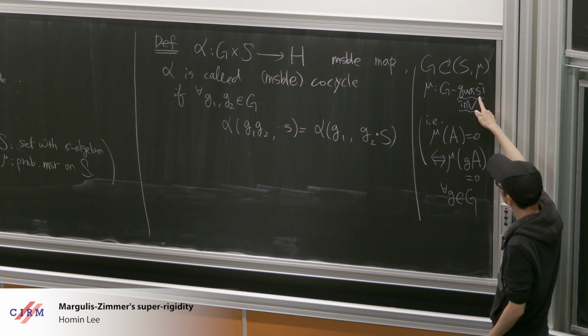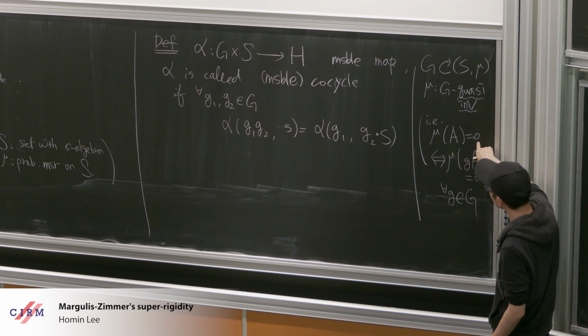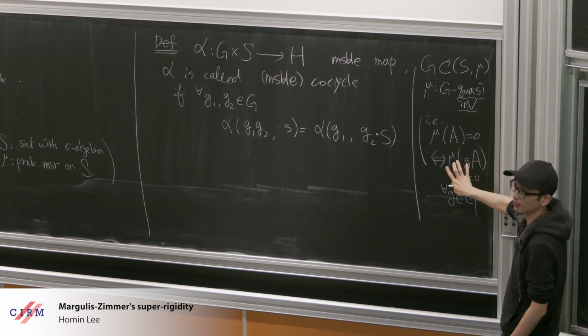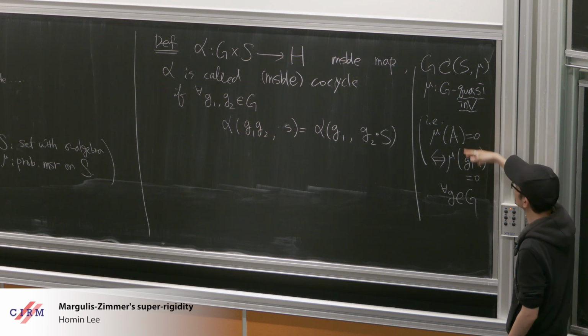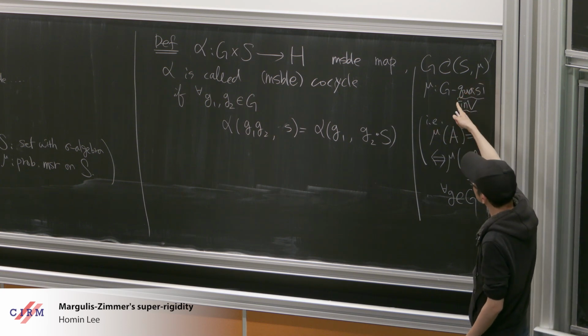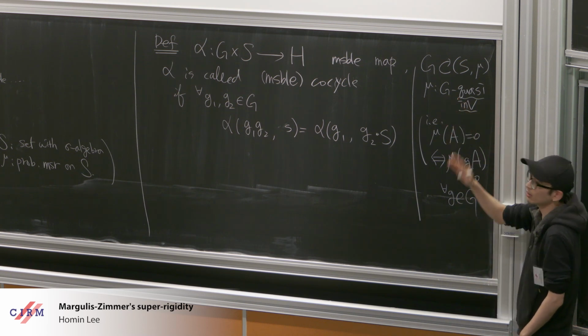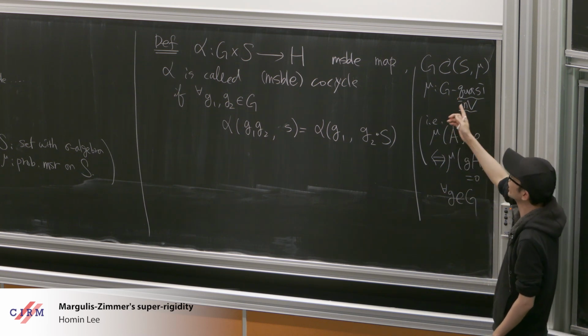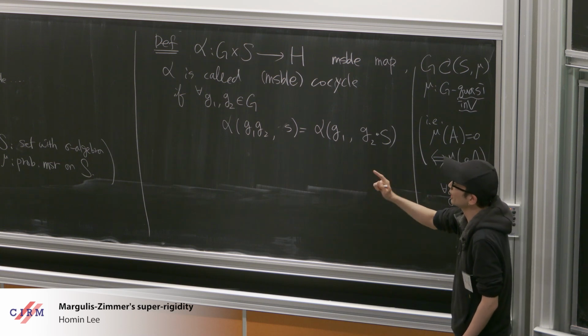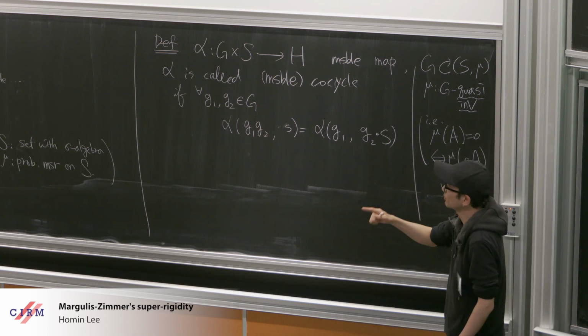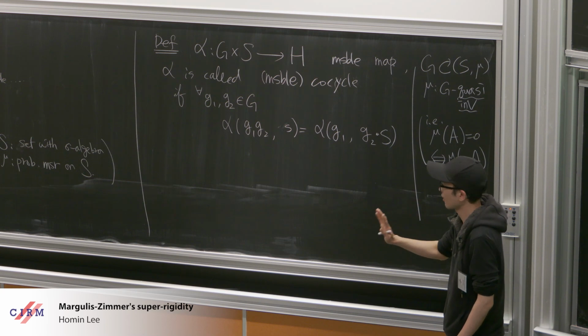But now I only care that mu of A equals 0 if and only if mu of GA equals 0. So I want to say that the G action preserves the measure class of mu. But again, you can just think of mu as a G invariant Borel probability measure.